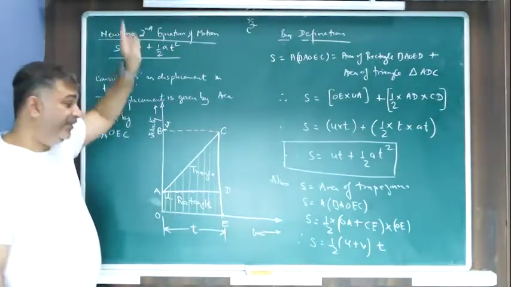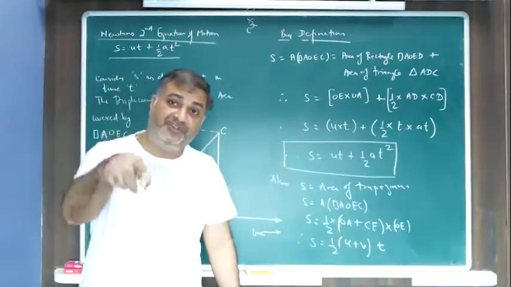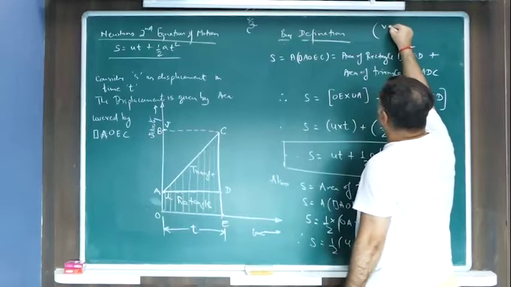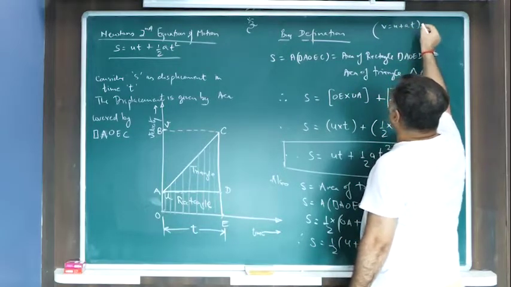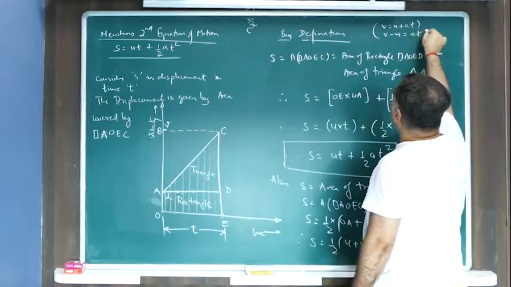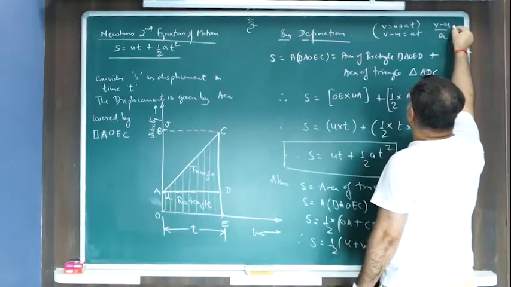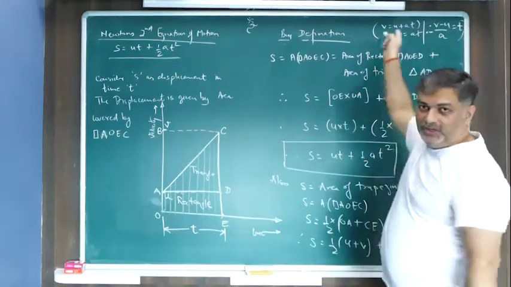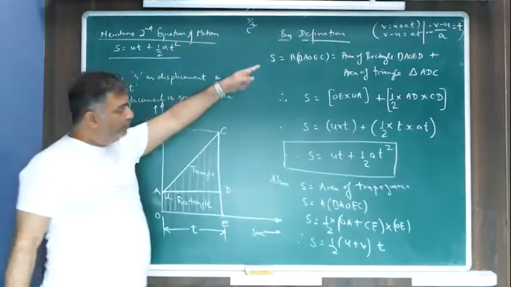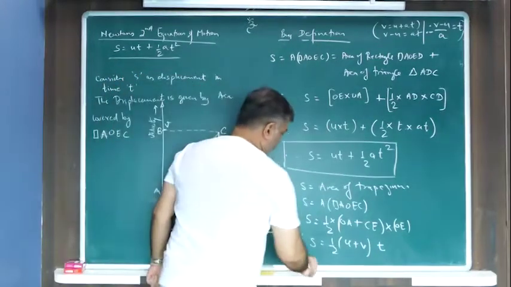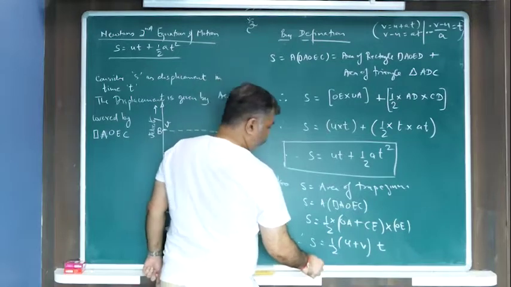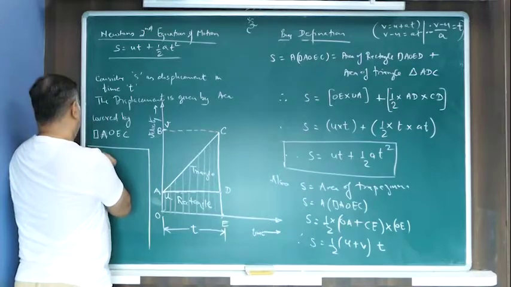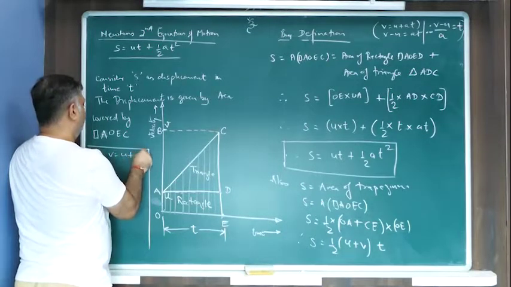Now, again first kinematic. See, for proving the third kinematic also you need the first kinematic. What is the first kinematic equation? V is equal to U plus AT. So, V minus U will be AT. So, V minus U upon A will be T. Do you have this in mind? So, from there I will say, but V is equal to U plus AT.